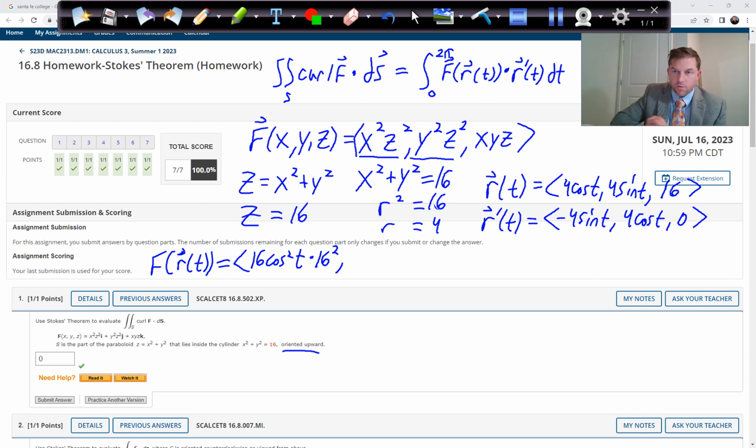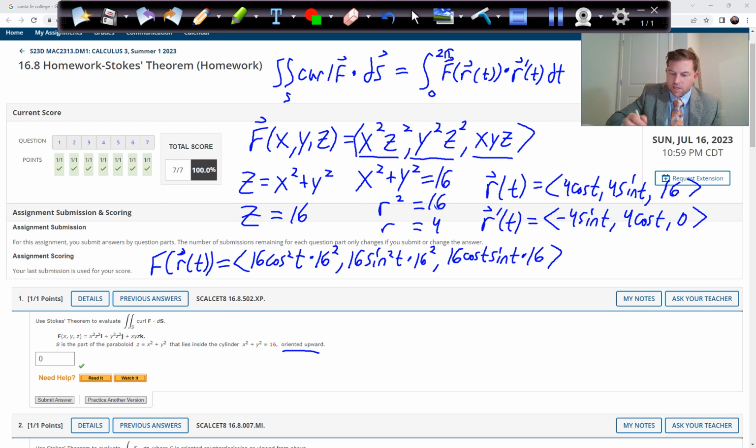Y is 4 sine t, so squaring that you get 16 sine squared t times z squared, which is 16 squared. And then the third component is x times y times z, which is 4 times 4, 16 cosine t sine t, times z, which is another 16. Okay, that's F of r of t.